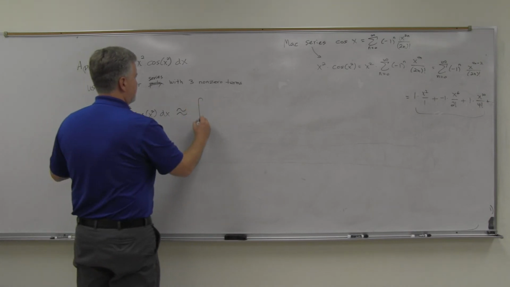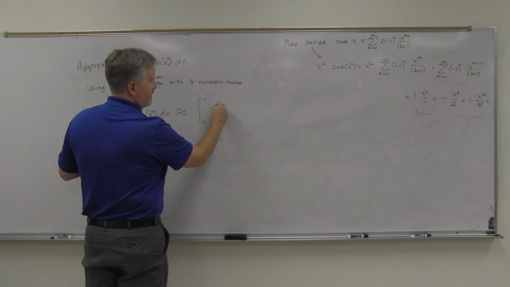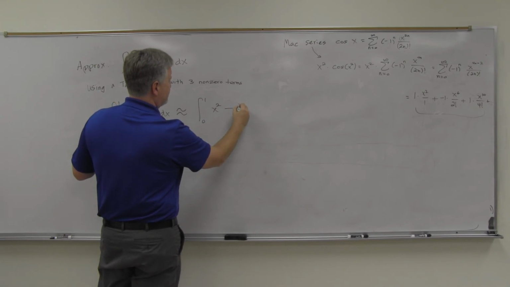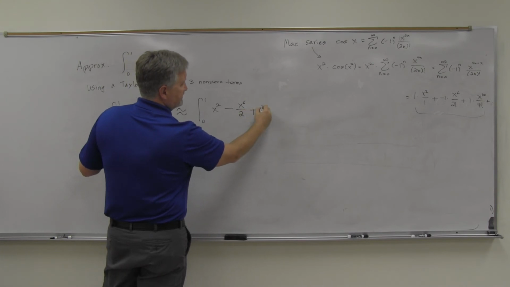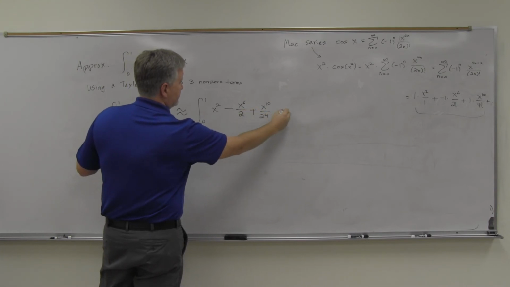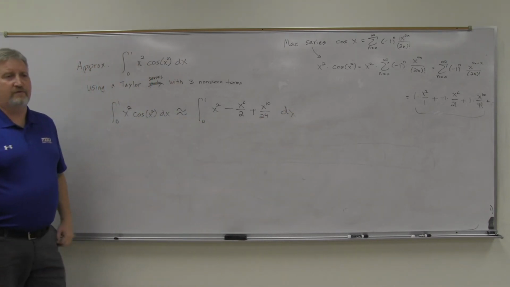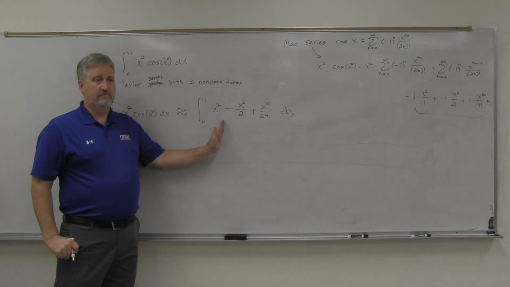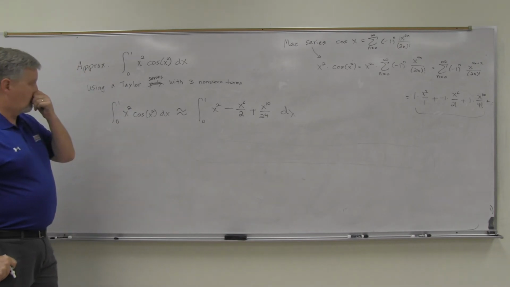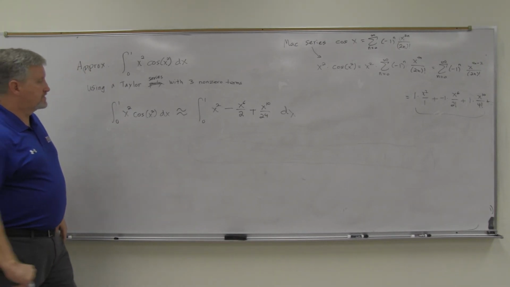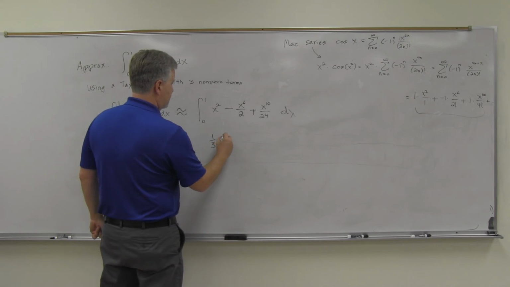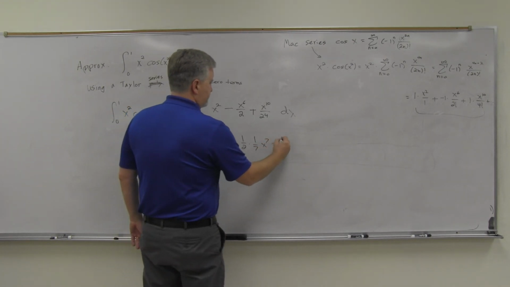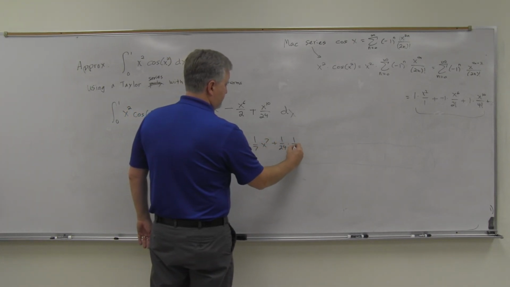So this integral is approximately then 0 to 1 of that, which would be x squared minus x to the 6th over 2 plus x to the 10th over 4 factorial, which is 24. So that's a way we could approximate this. Instead of doing this integral, I can approximate it with this, which integral-wise would be 1/3 x cubed minus 1/2 times 1/7 x to the 7th plus 1/24 times 1/11 x to the 11th.